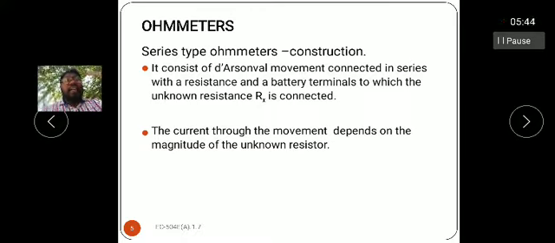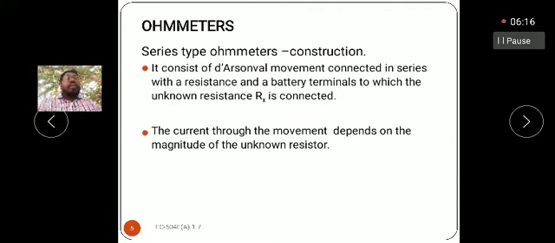For example, if we take a large value of unknown resistance, then the current is low. Based on the magnitude of the unknown resistance, the current through the movement changes.